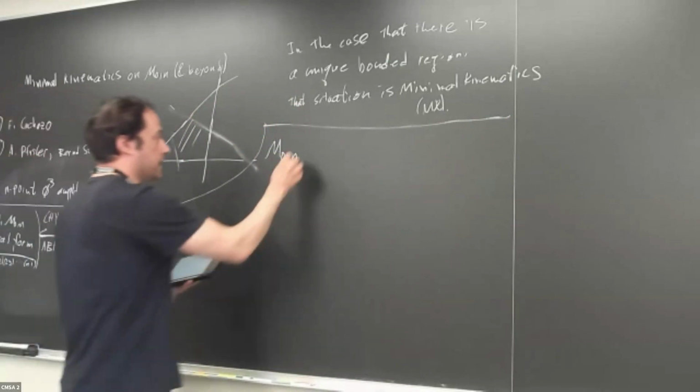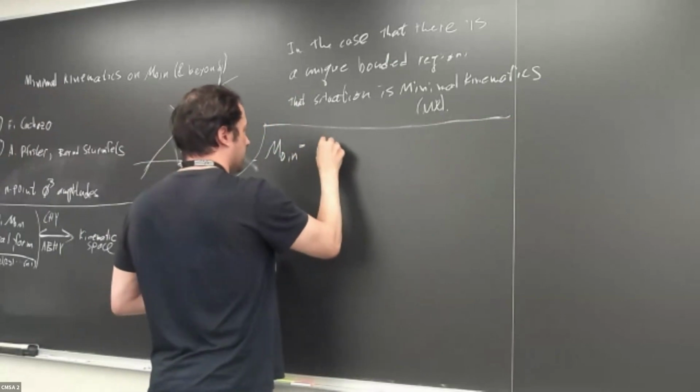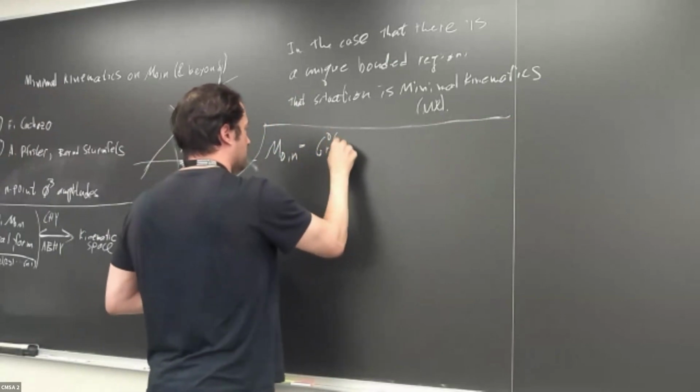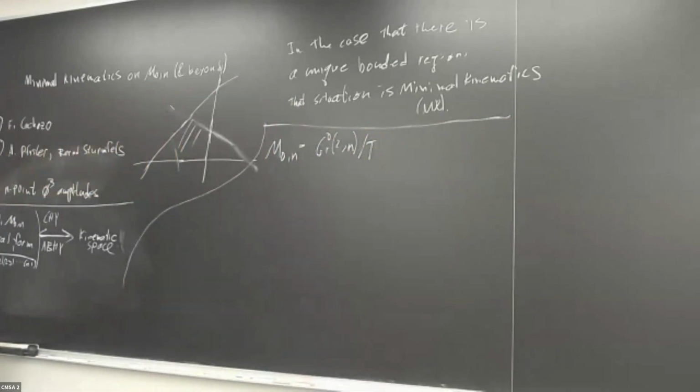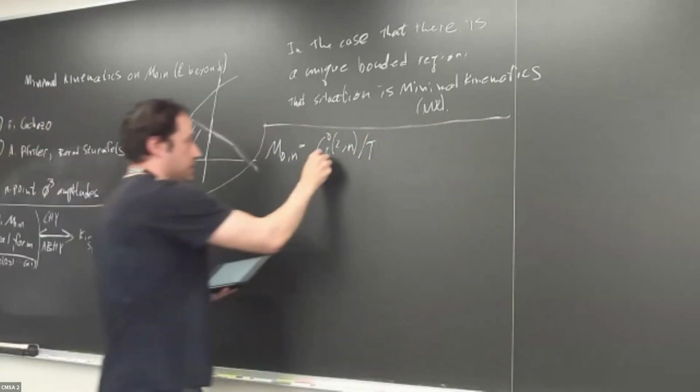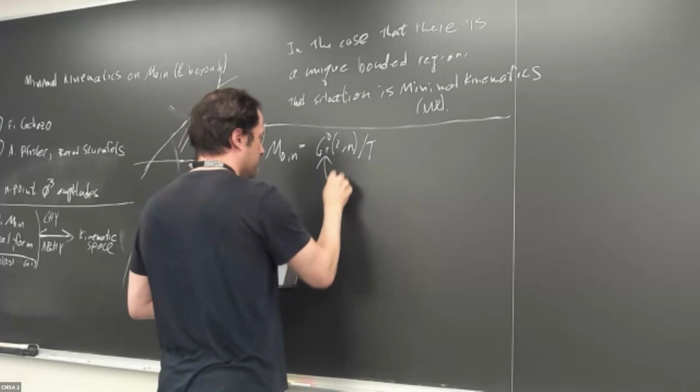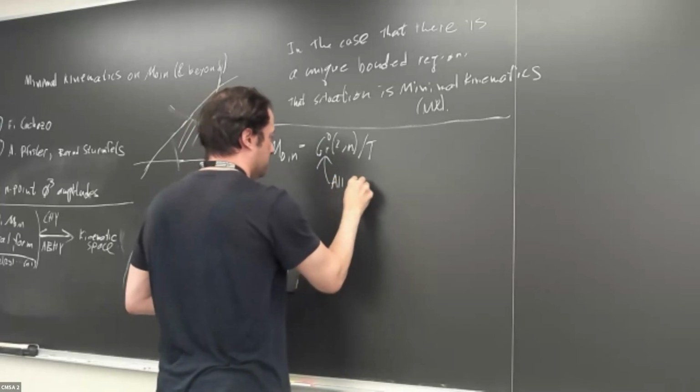So we can write M0n alternatively as Gr0(2,n) modulo torus, where this is the subspace where all Plücker coordinates are non-zero.